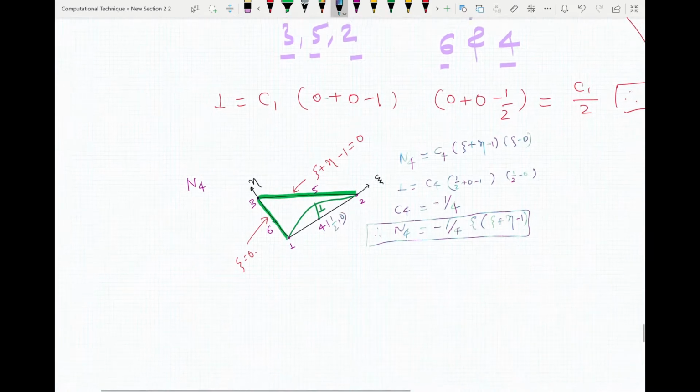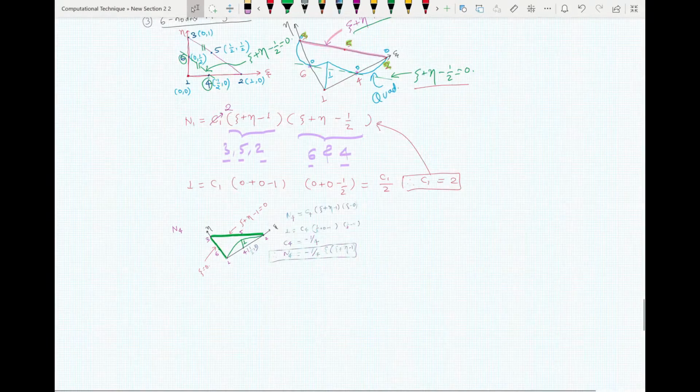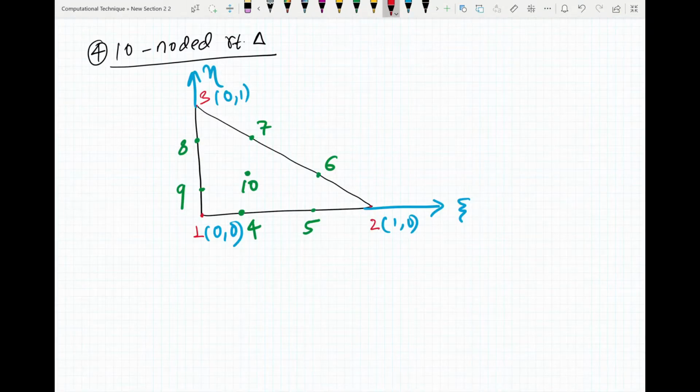And similarly you can form n5 and n6 as well. Let's try. Now here, this line will be xi plus eta minus 1 equals to 0. And this line is xi equals to 0. And this line is eta equals to 0.